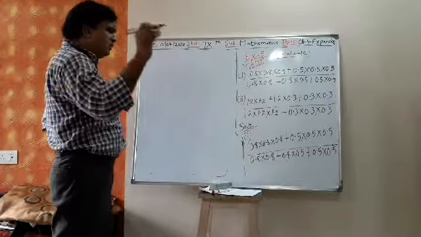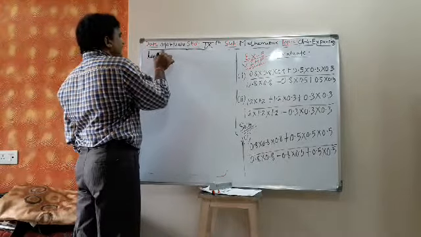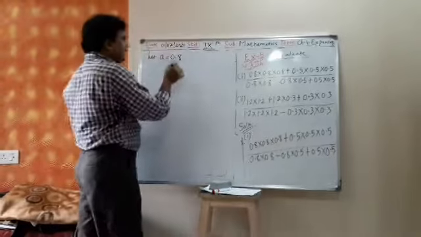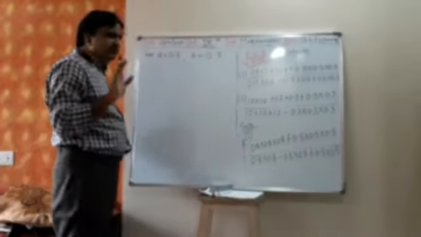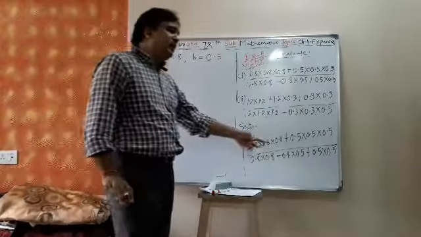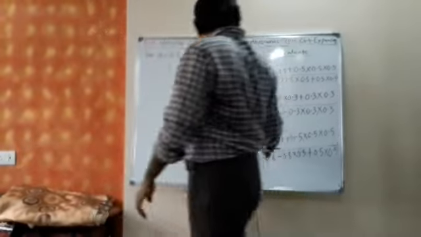What I will do is let A equal 0.8 and B equal 0.5. First you identify that this is this type.